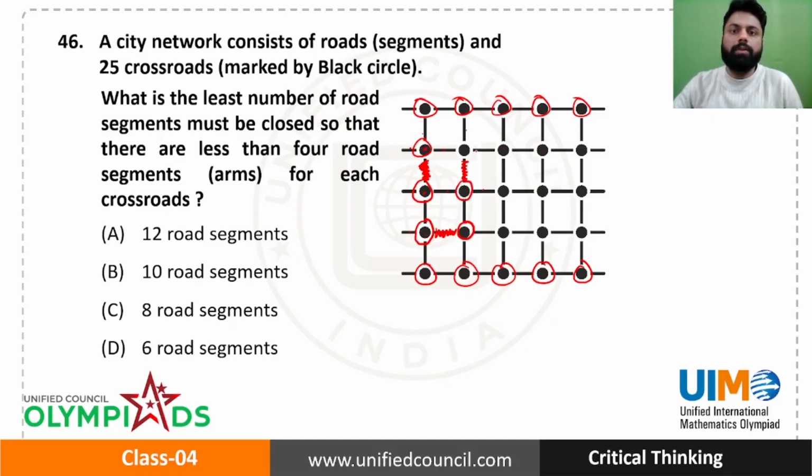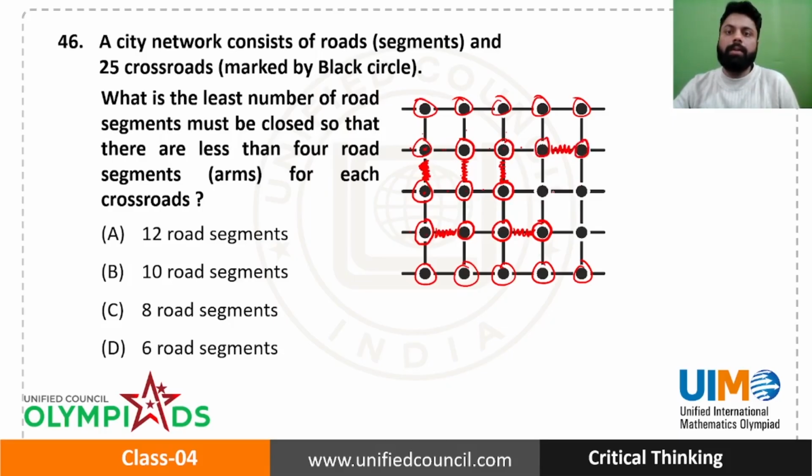This is also having 1, 2, 3. Done. 1, 2, 3, 4. If we close this one, this is having 3. This is also having 3. Then after that, if we close this one, this is having 3. This is having 3. 1, 2, 3, 4, 5 are already closed. Now 1, 2, 3, 4, 5 are left. So if we close this one, it is having 3.